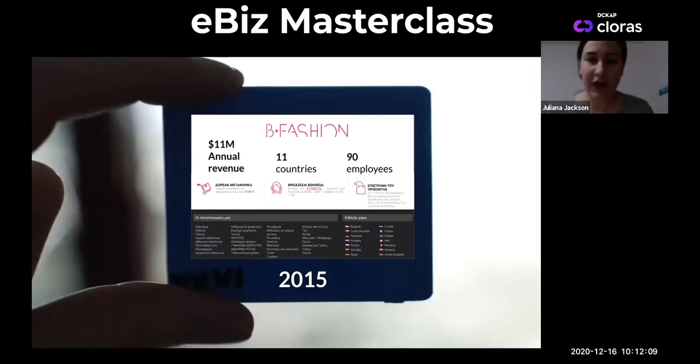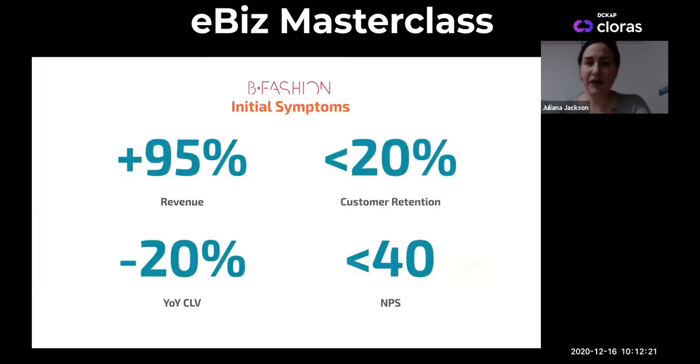So we have a store here that we used to work with, and I wanted to give you an example. They had a huge revenue back in 2015. They had a lot of employees. They had a lot of representation. So these were their first symptoms. They had a lot of revenue, but they had very bad signals here. So their customer retention was under 20%.